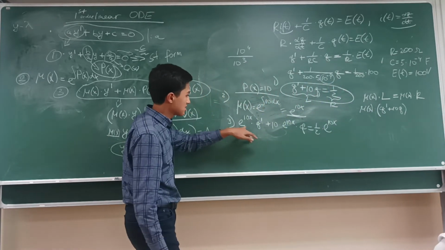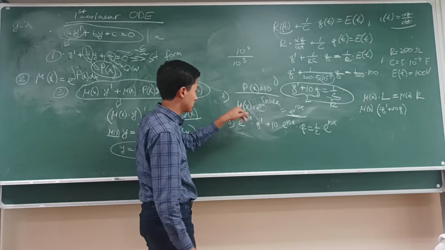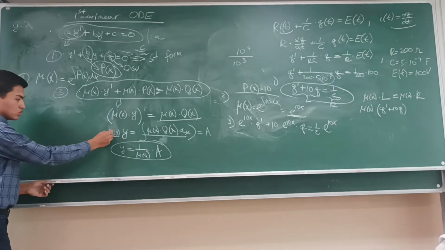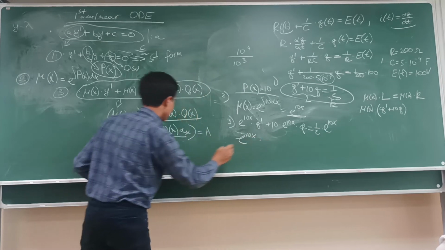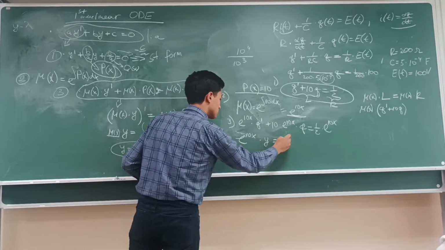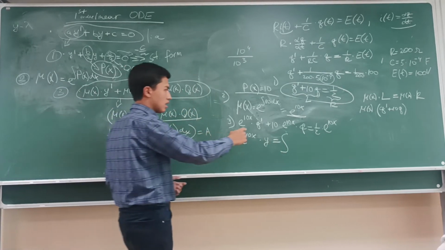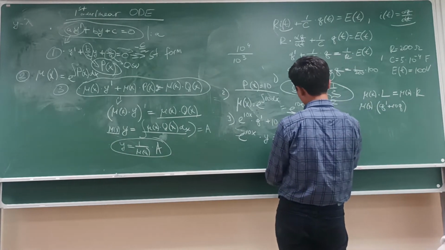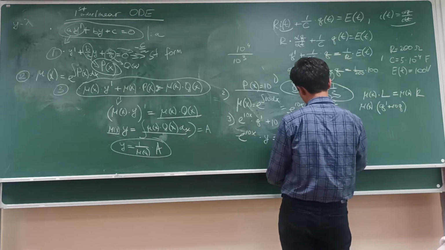So this is what we have found. We have found this mu x and multiplied. And by definition, we know that mu x, our e to the power 10x, multiplied to y equals the integral of the right side, okay? In the right side, we have 1/2 times e to the power 10x dx.